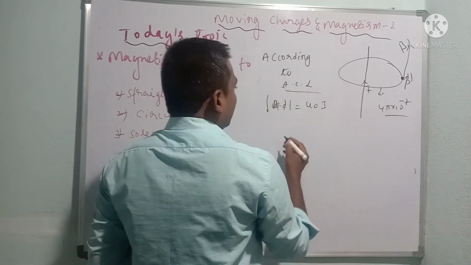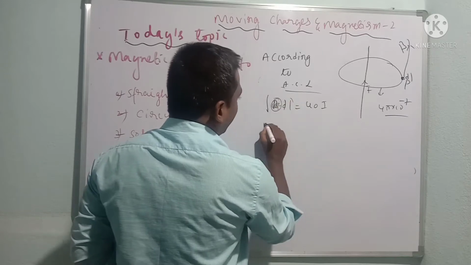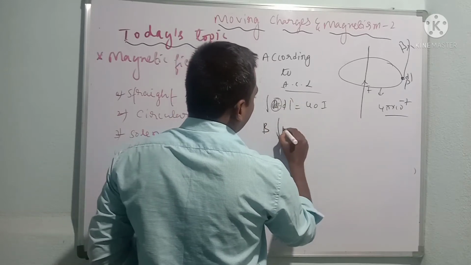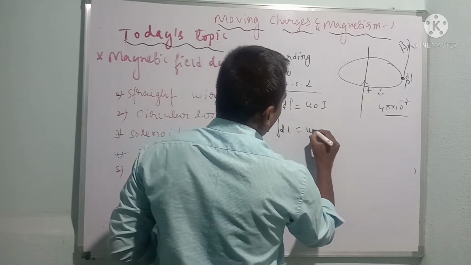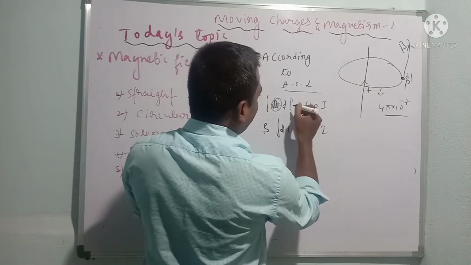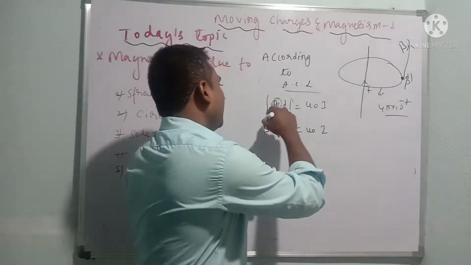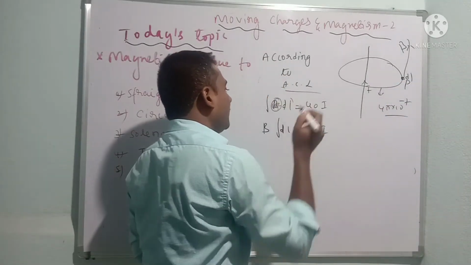Now if I want to find this magnetic field, I take B as constant, so it becomes B times the integral of dl equal to mu naught times I. Children, here we also consider cos theta. If theta is very small, we take directly the line integral of B dot dl.